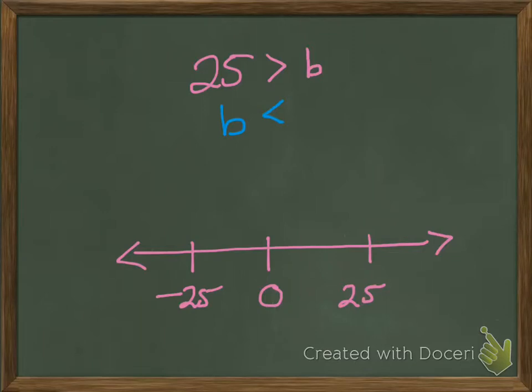And because I'm doing that, my sign has to switch to the opposite direction. And then I'm going to write 25 down. Now because I do not have a line underneath it, it is an open circle on 25, and then I'm just going to shade to the left because of the way the arrow is pointing. So that would be your answer.